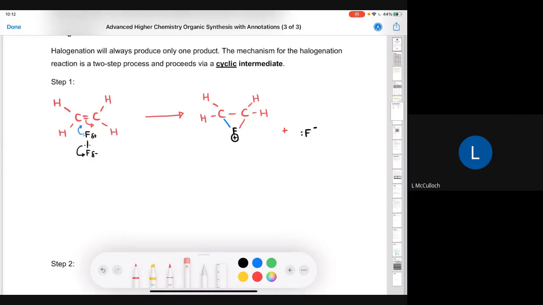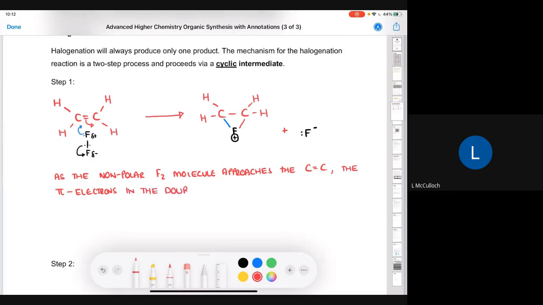So we'll say, as the nonpolar F2 molecule approaches the carbon-to-carbon double bond, the pi electrons in the double bond cause the electrons in the fluorine to fluorine bond to be repelled.